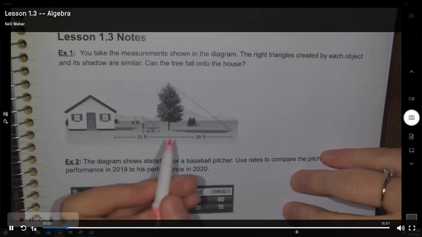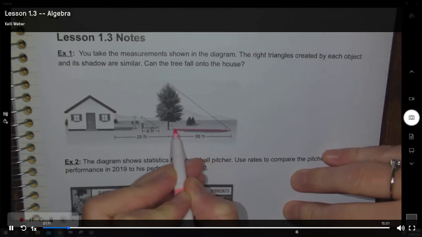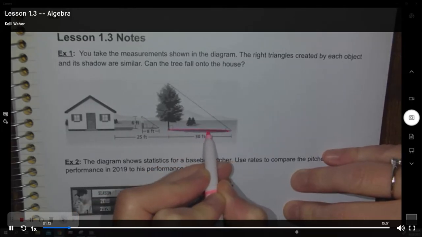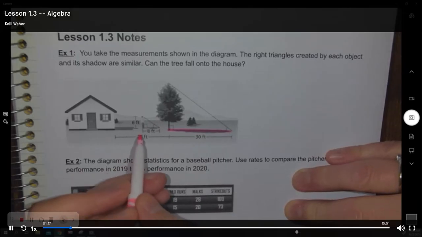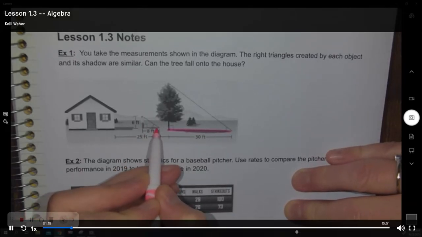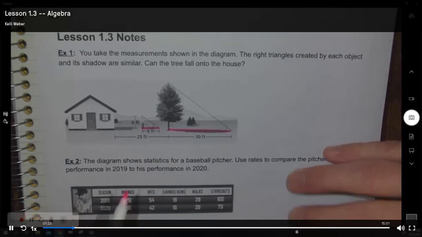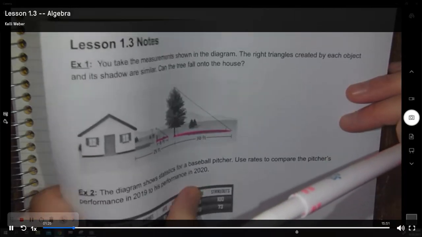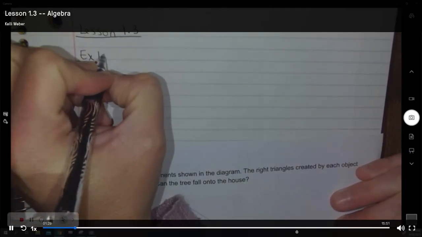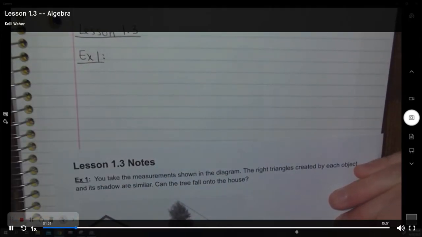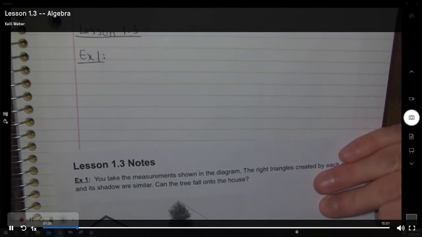So what we're looking for when we set up our original proportions. First of all, the bottom part of this tree, this shadow portion right here, is 30 feet. And the same part on this human down here, this shadow piece for that human, is 8 feet. So in my proportion, remember, a proportion is two ratios or two fractions set equal to one another.